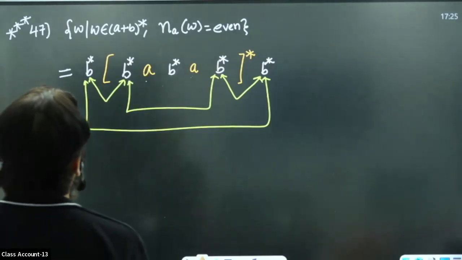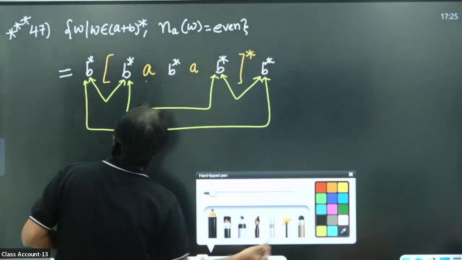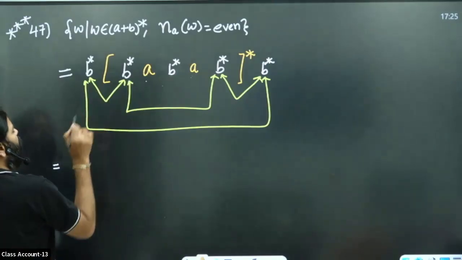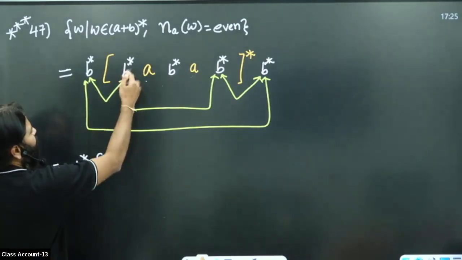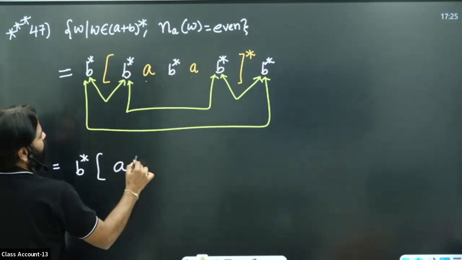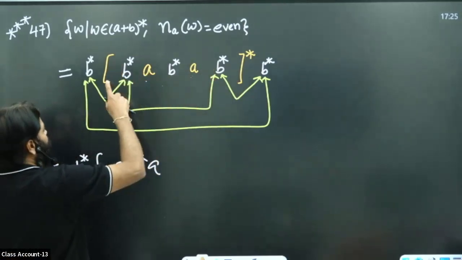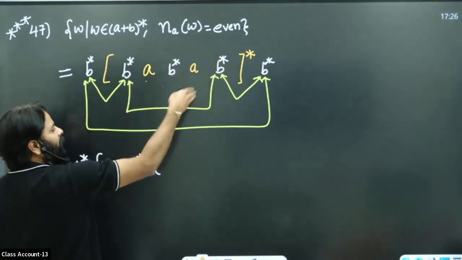So now by looking at this, I can write a lot of answers. You can write on your own if you want. Out of these 2 B stars, I'll keep one of them. Which one do you like? Let's say this one. I delete this. And out of these 2, one is already deleted, that means you have to keep this one, because out of these 2, one must be there at least.